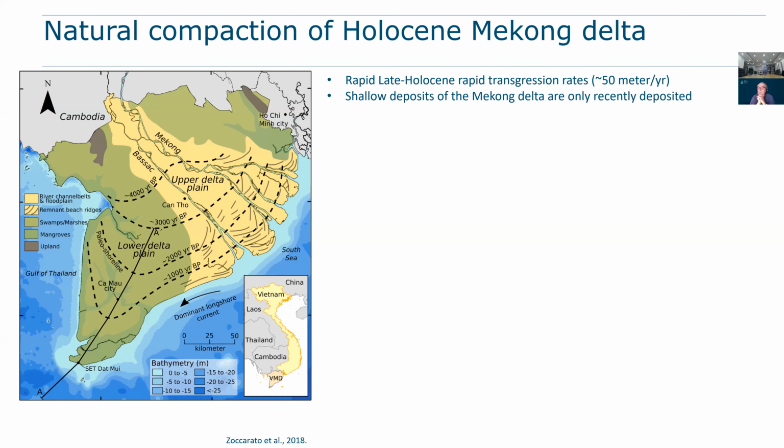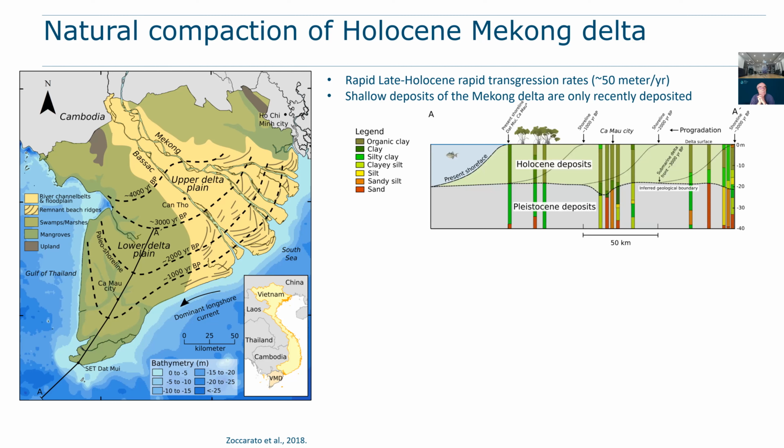So you can imagine that this new body of land that has been formed of several hundreds of kilometers is really geologically very young, as we call it. The Holocene deposits have a thickness in this southern plain of Ca Mau of about 20 meters.